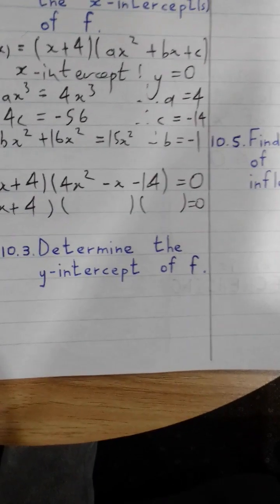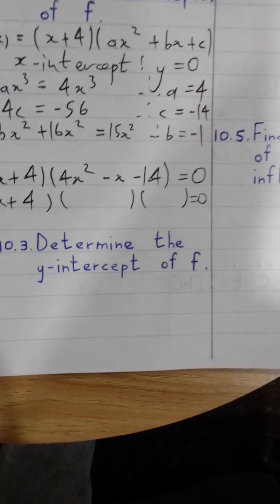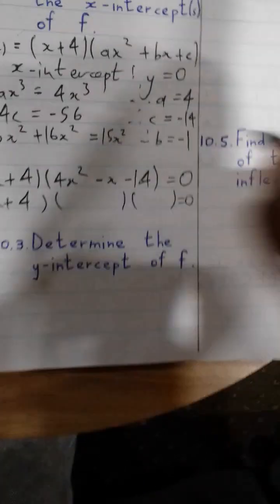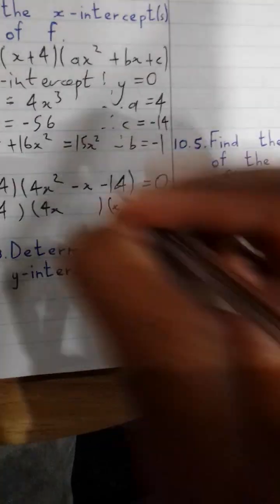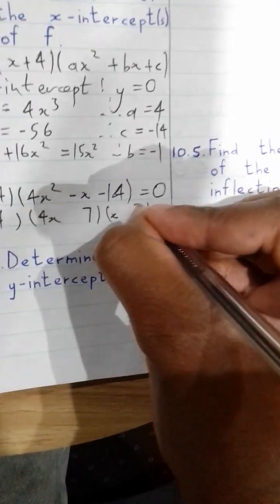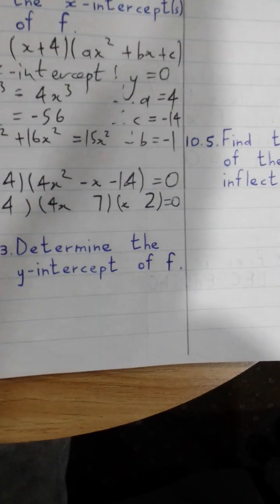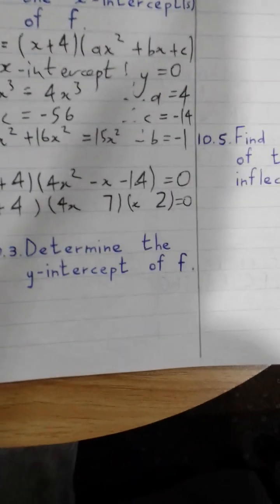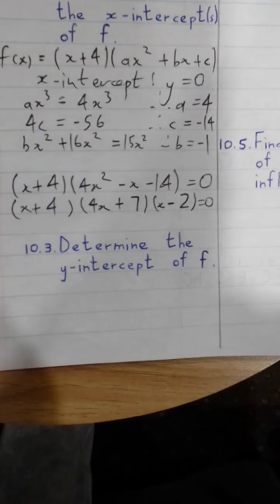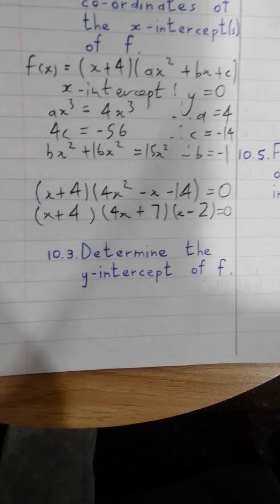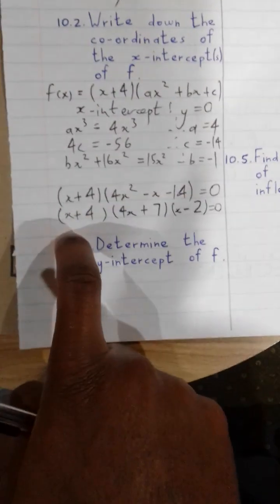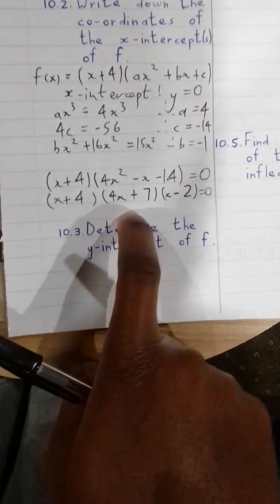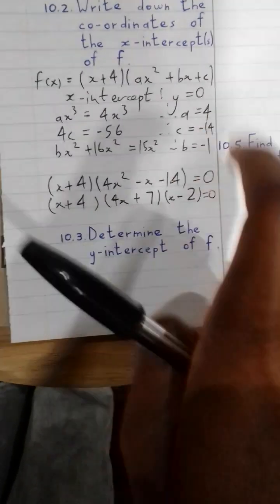And then 7 minus 4 times 2, negative 1. Aha! So we can say 4x and then x. Where do we put 7? We put it here. And then we put 2 here. Negative goes here. Positive goes here. We're supposed to get x is negative 4, x is negative 7 over 4, and x is 2.